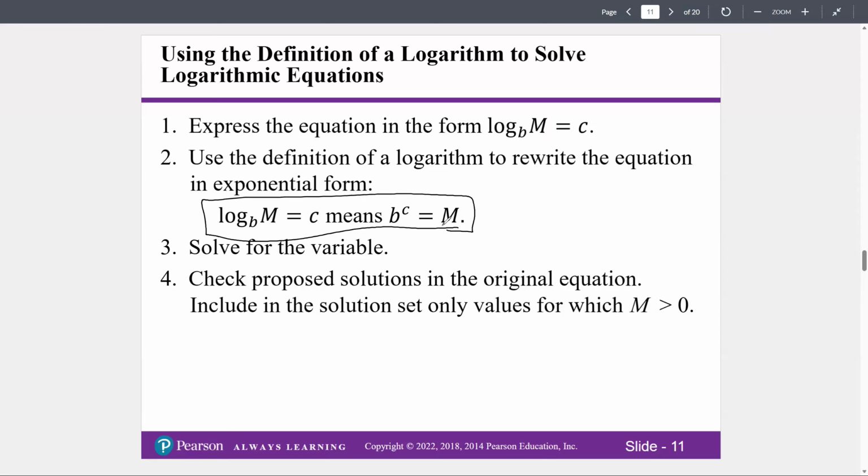Then we're going to solve for the variable and check our proposed solutions in the original equation, including in the solution set only values for which m is greater than 0. So what we have to watch out for is something called extraneous solutions.